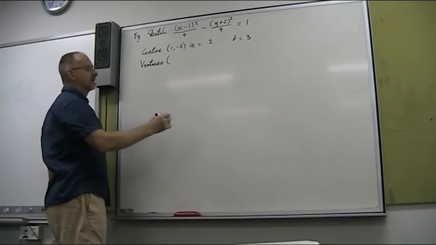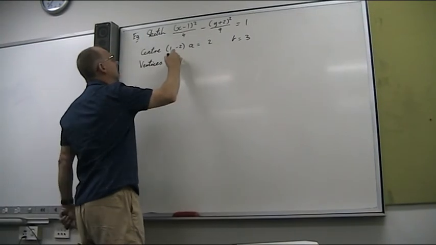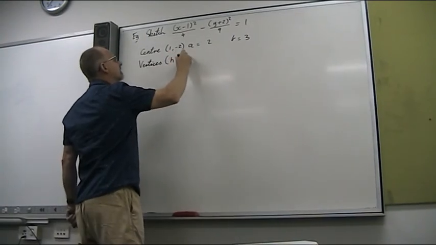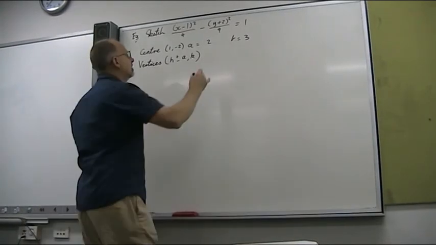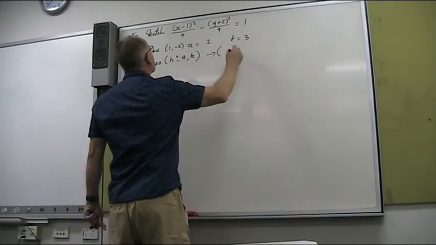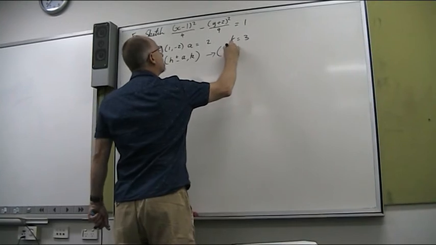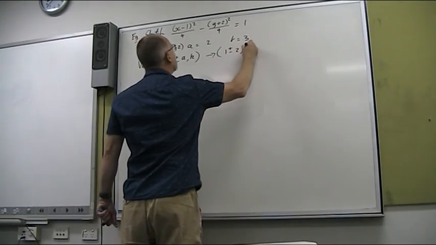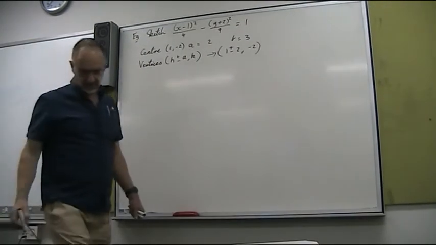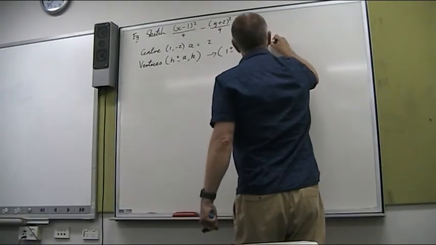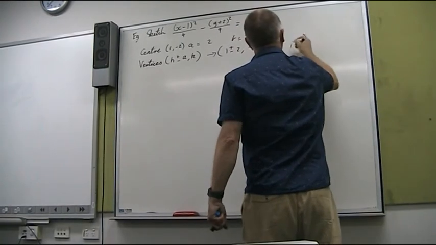The vertices are h plus or minus a and k, which when we put those numbers in, it's 1 plus or minus 2 and negative 2. So that means we get 2 vertices.